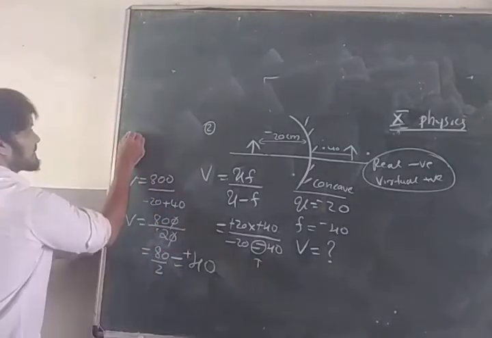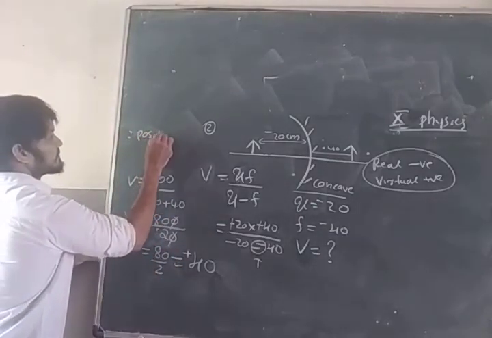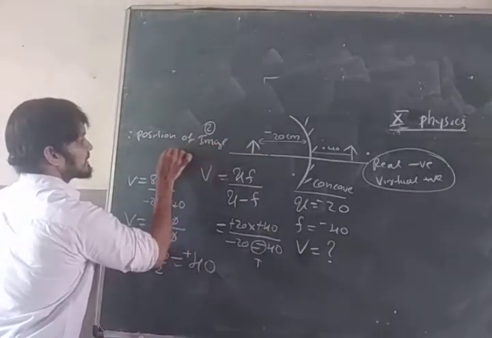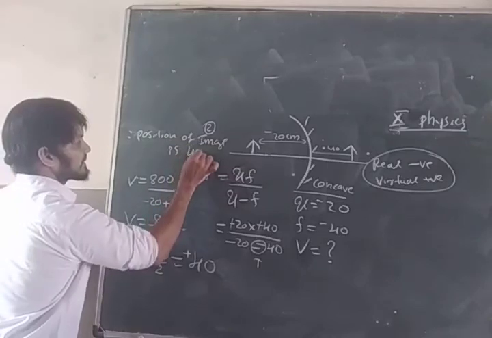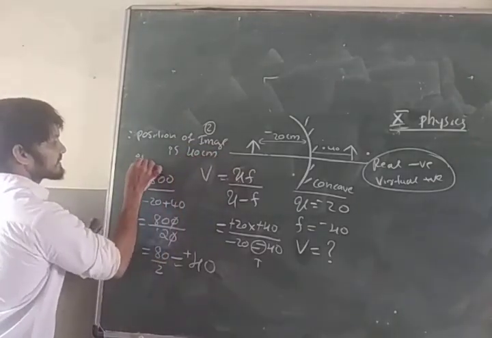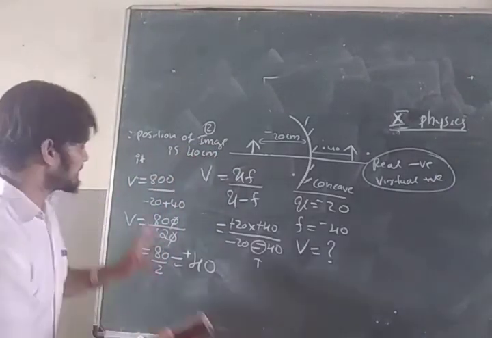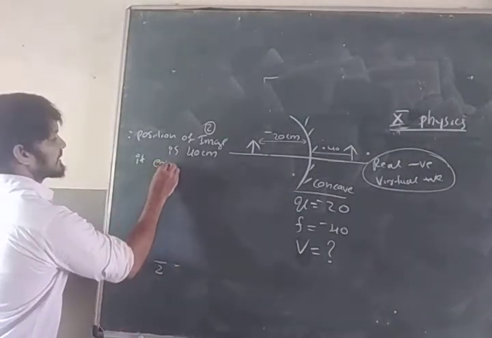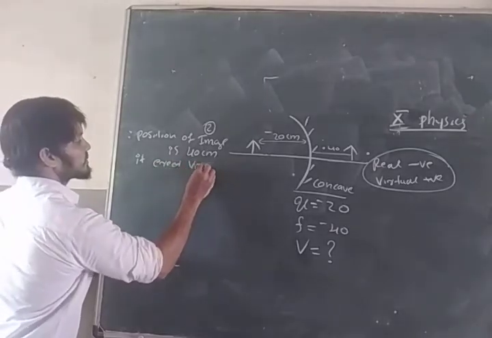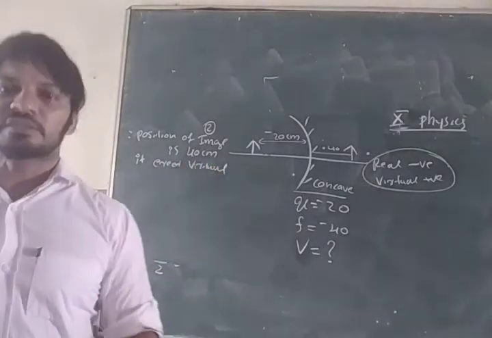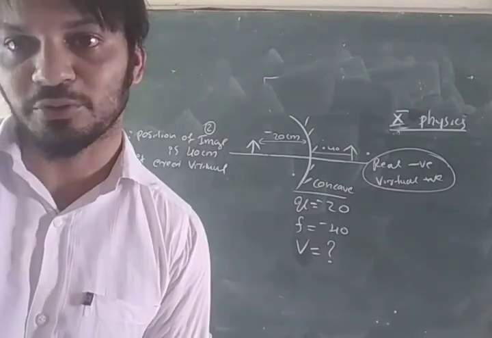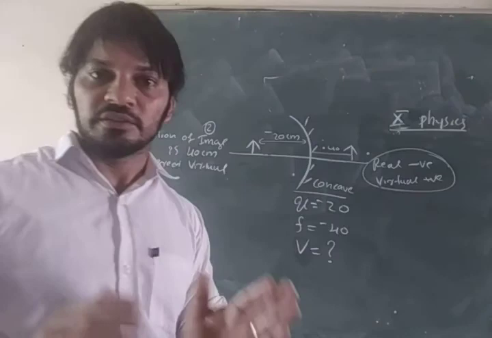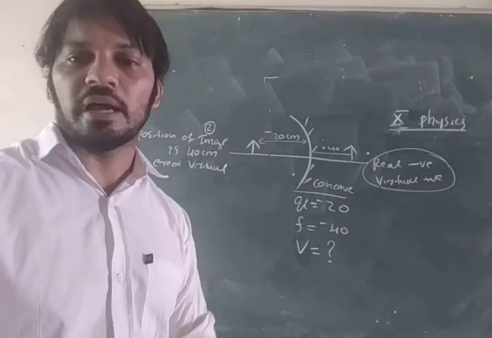So the answer: position of the image is 40 centimeters. It is erect virtual. Why did I write erect virtual? Because it is positive. Positive means erect virtual. Write all this in the notebook and you have to submit it.